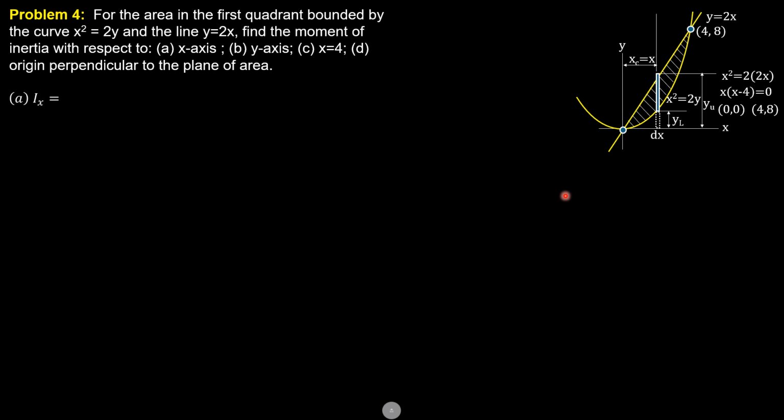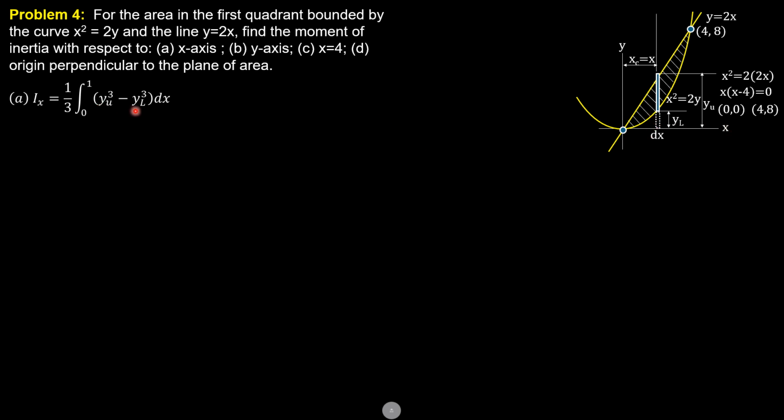1/3 base height cube. So Ix therefore is 1/3, the base is dx, and the height of the bigger rectangular strip is upper y, so upper y cubed, minus 1/3, that's common, base dx and height lower y cubed.